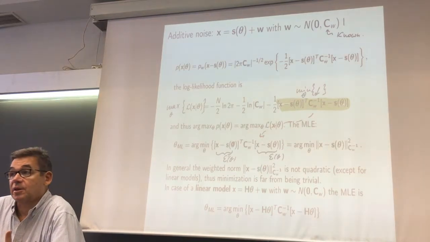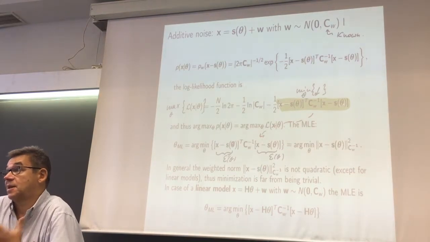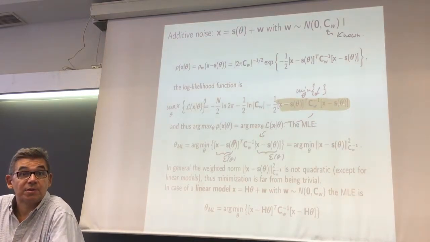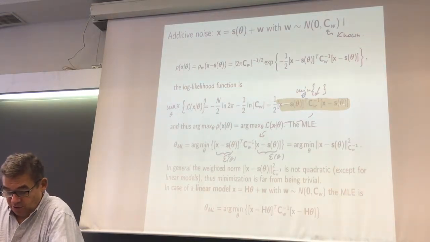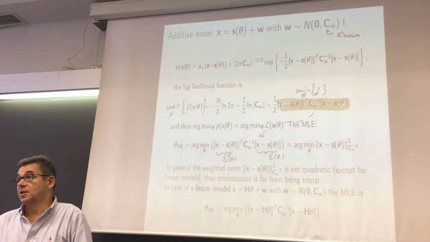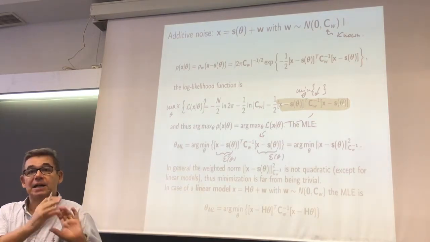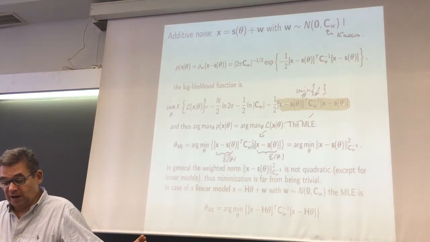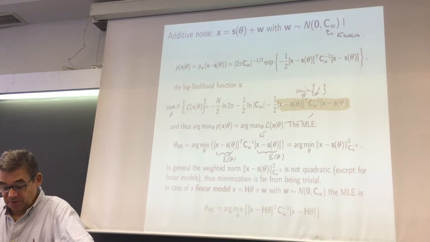To minimize, I need to calculate the gradient and set the gradient to 0. It's not easy unless I treat some very specific case. Since it's not easy, I need to put it into a numerical optimizer, so I need to design and find an optimizer which finds this minimum.